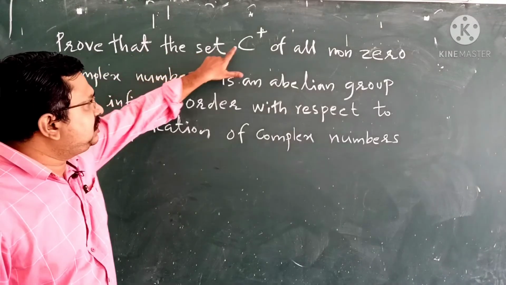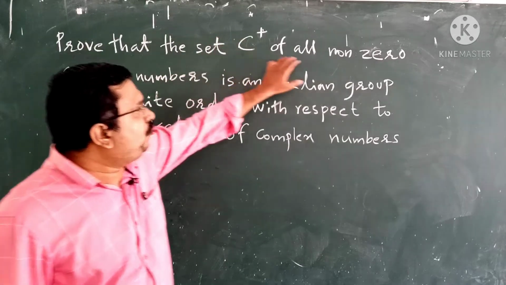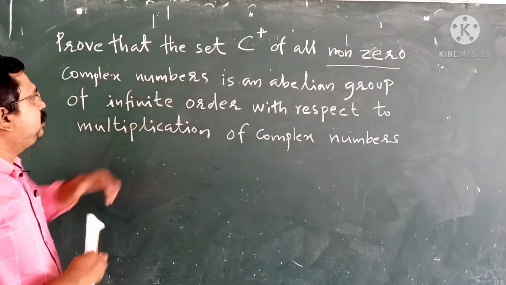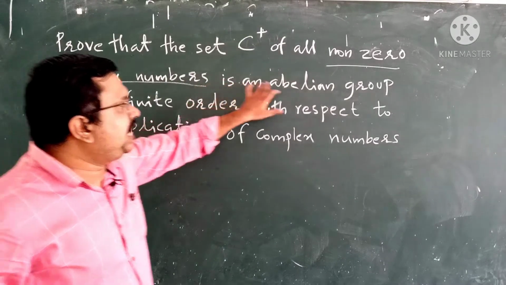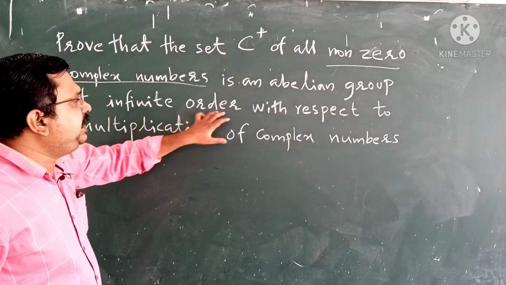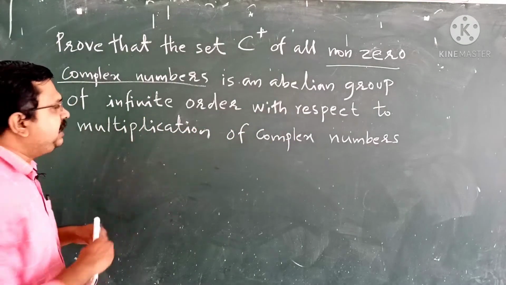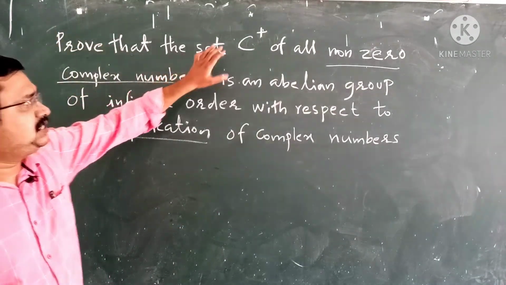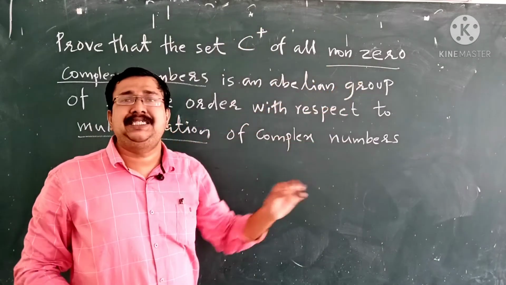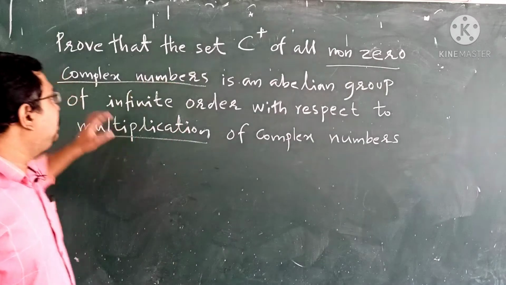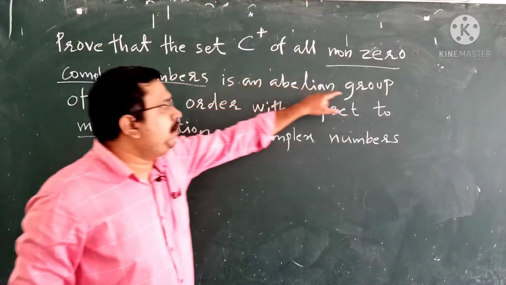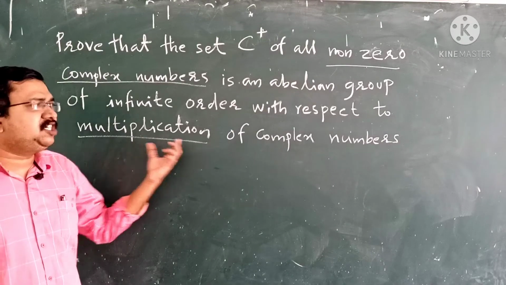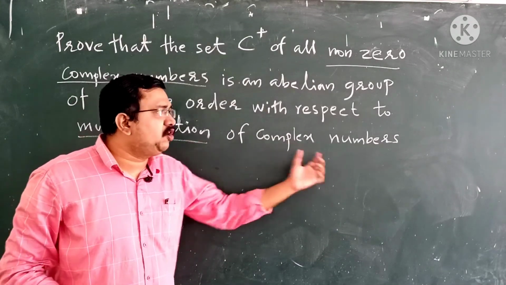Prove that the set C plus, the set of all non-zero complex numbers, is an abelian group of infinite order with respect to the multiplication of complex numbers.